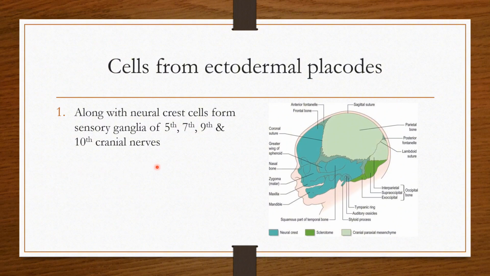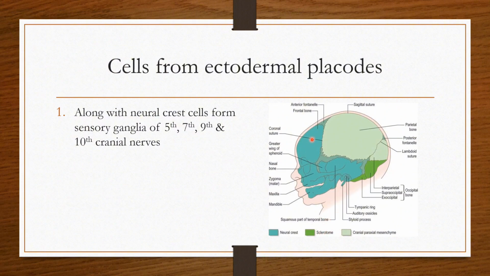So to revise, there are four sources. The first was the paraxial mesoderm, which forms the neurocranium, its bone, the membranous component and the cartilaginous component. Then the lateral plate mesoderm forms the two cartilages, the arytenoid and the cricoid cartilages in the area of the larynx, and its connective tissue.